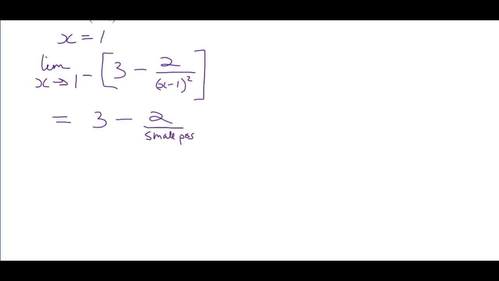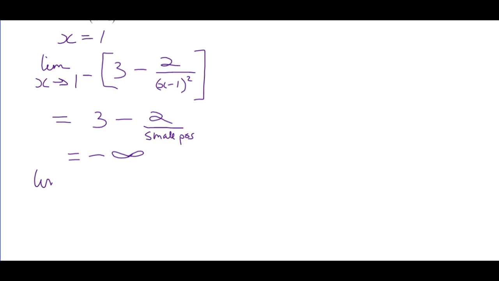Now 2 over a small positive is infinity, but you're going 3 minus infinity, so you've got negative infinity. And the same thing's going to happen when you approach 1 from above, because this is still going to be a small positive. It's really the same.